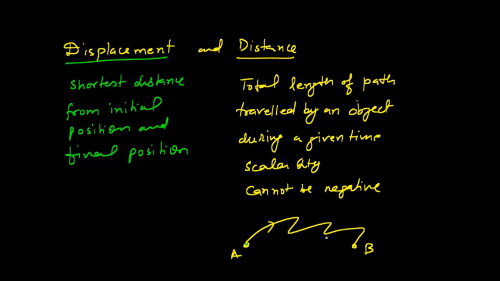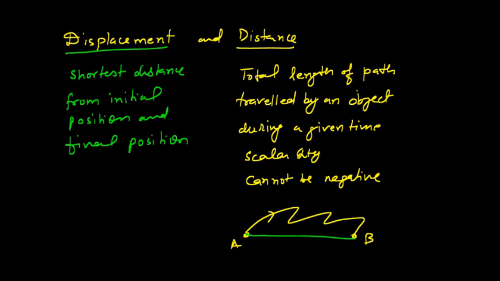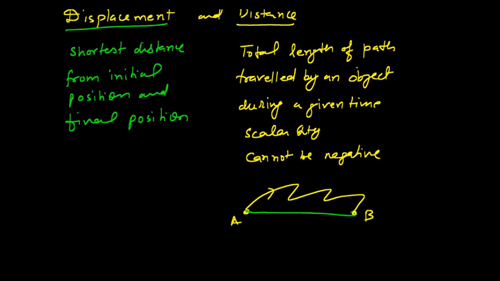So this is the initial position and this is the final position. Well, the shortest distance is going to be like this. So let me just come up here. So this is your displacement and this is the distance. This is distance, the total length.